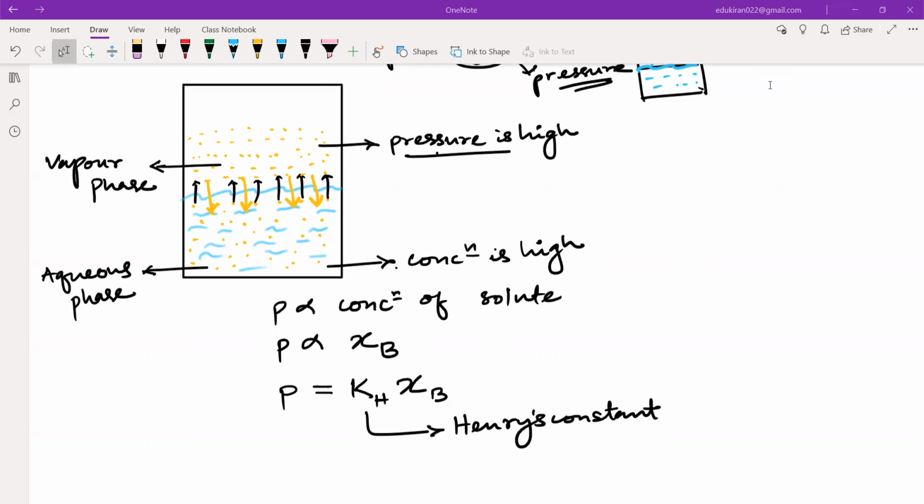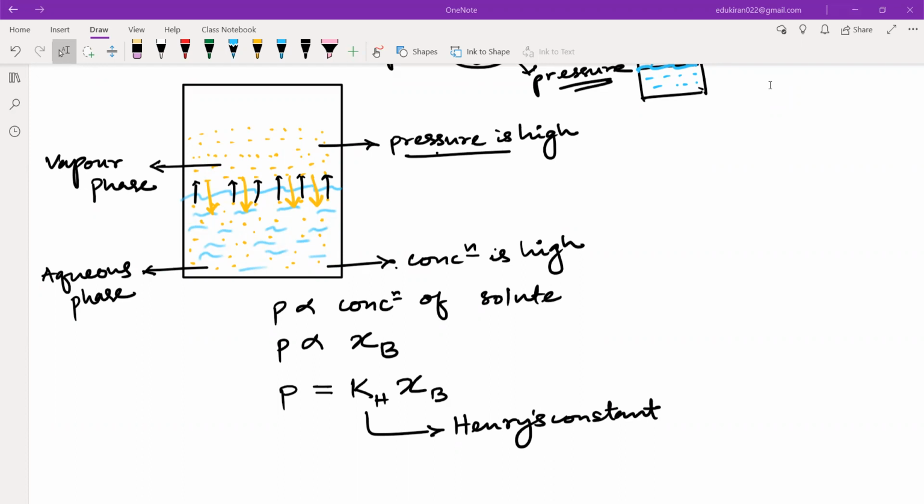Correct? If more and more solute particles escape, that means in the vapor phase you will have more solute particles, right? And vapor phase is a gas, correct? If you have more gas particles, and gas applies pressure, right? So if you have more gas particles, the pressure will also be high.